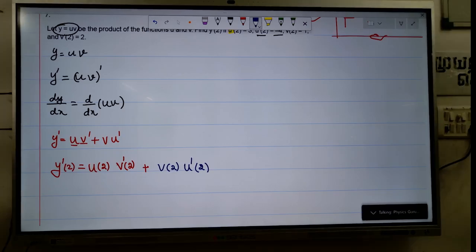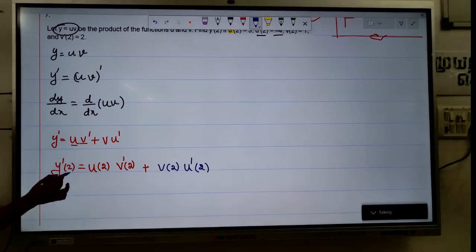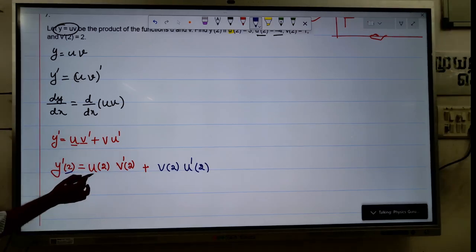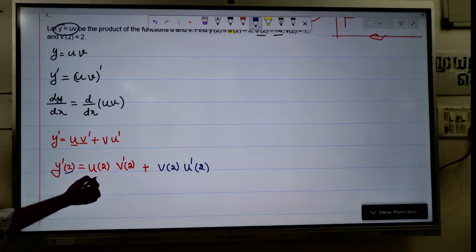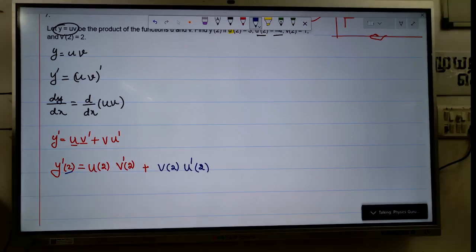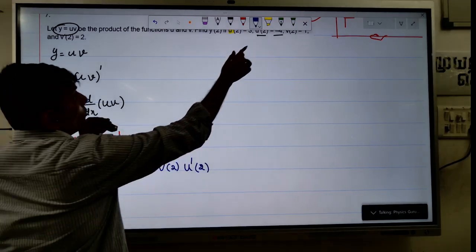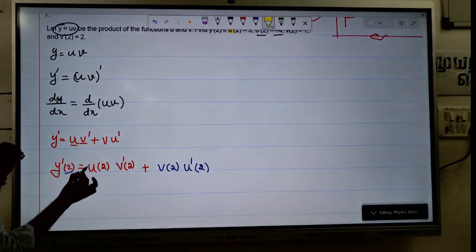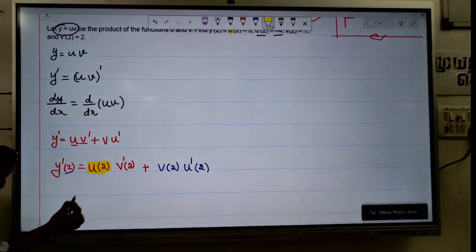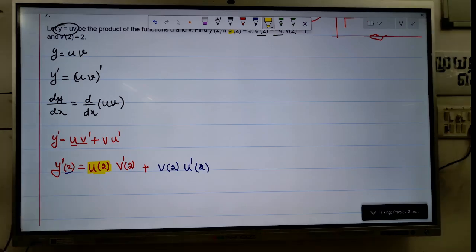Got it? Generally, you might have taken this as multiplication, so you might have multiplied the 2 commonly for u and v prime. In differentiation, you should not do that. Okay? Individually for each function, you have to substitute. Noted? Now, do you have the values of each quantity? Do we have the value for this? Look at the question and tell me.